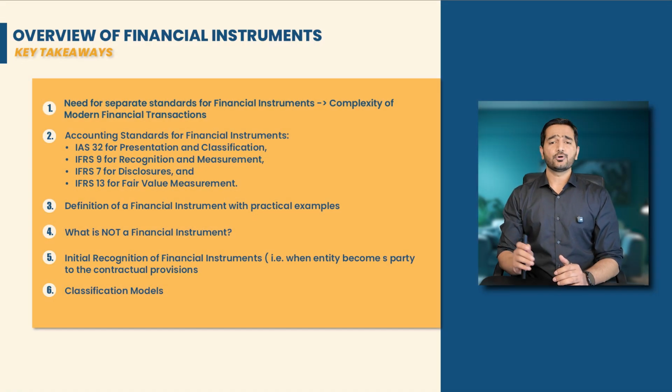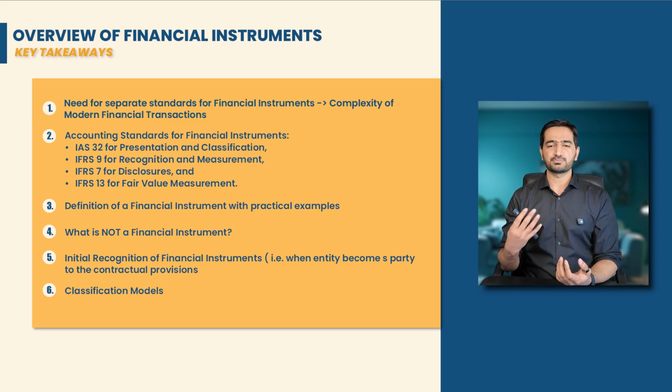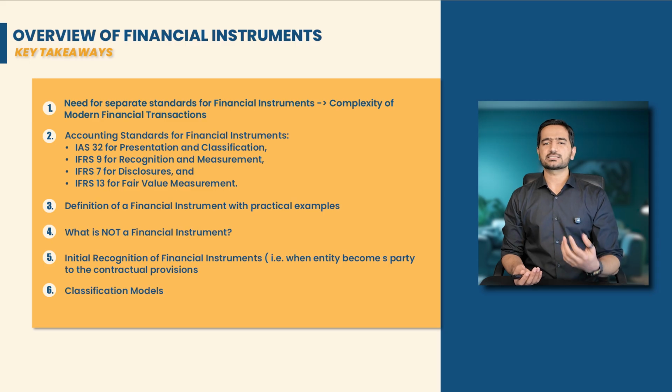Now, I want to be very clear. Today, we have only introduced these classification models at a high level. We have not yet covered how to determine which classification applies in detail. The business model test, the SPPI test, all of that is coming in our upcoming lectures.